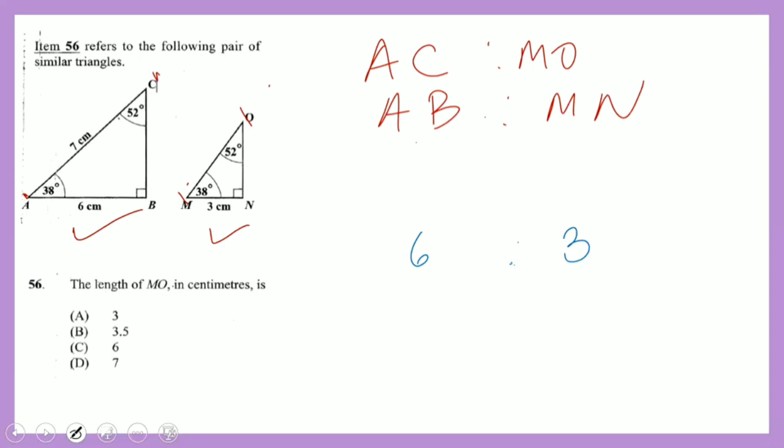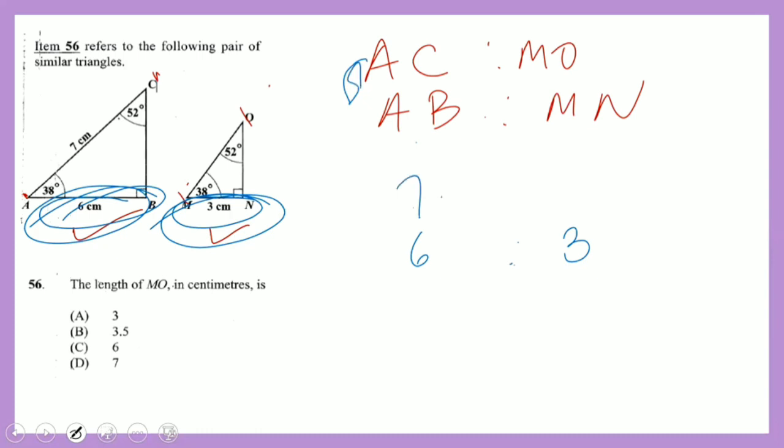All right, so you can already say that the length over here is going to be half the length here. So automatically, you look for half of 7. A whole heap of ways you can approach this. So I'm just mentioning them. All right. So here we go. Let's continue writing down. AC is going to be 7 to MO.